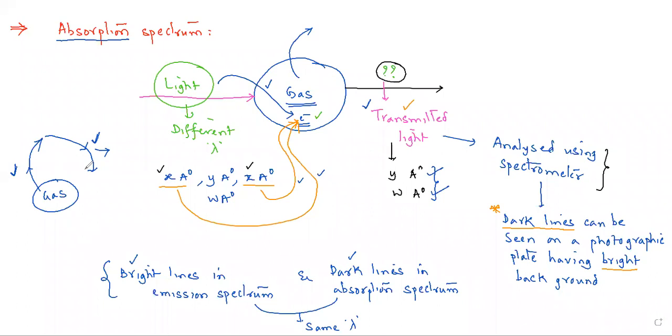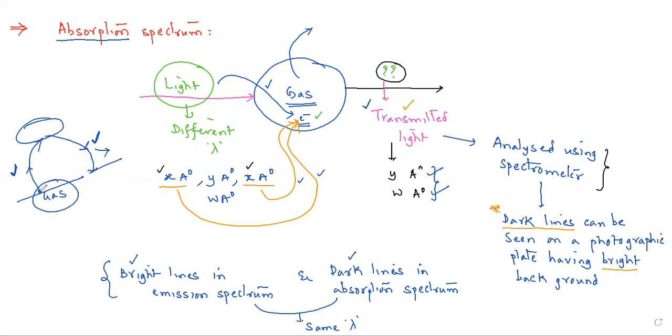So absorbed and emitted radiations will have the same wavelength. That is the reason why you get bright lines and dark lines at the same position in the spectra, because absorbed and emitted radiation will always have the same wavelength. If you require some amount of energy or some wavelength of radiation in order to get excited to this level, then while returning to the ground state, obviously you will be emitting the same amount of energy, or radiation of the same wavelength.